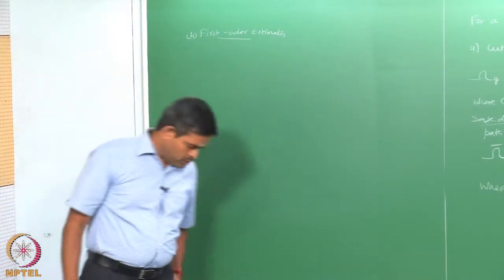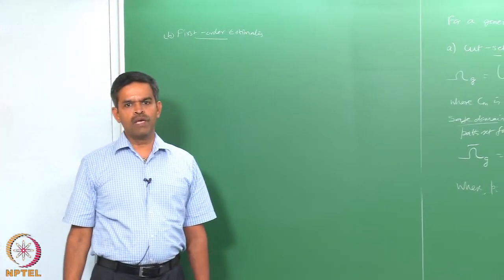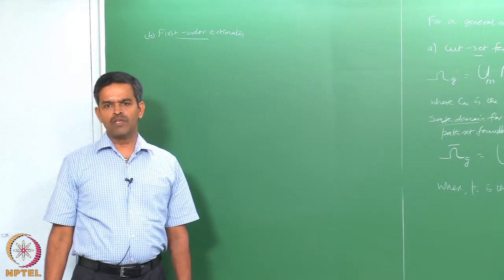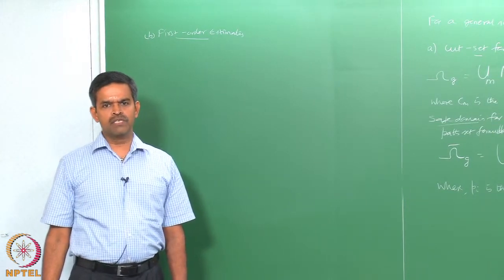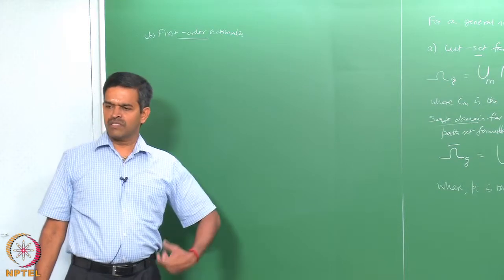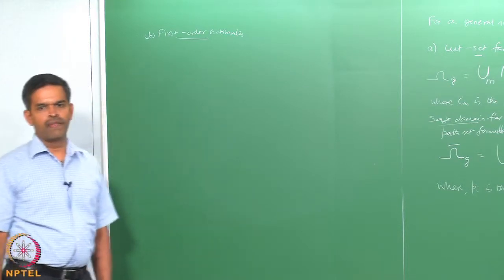Now, in order to compute the system reliability, one must be able to compute the probability of the union of events, be it series systems or subsystems.